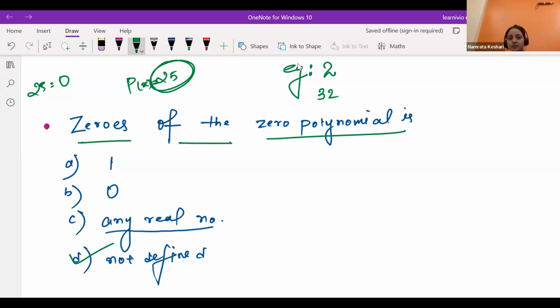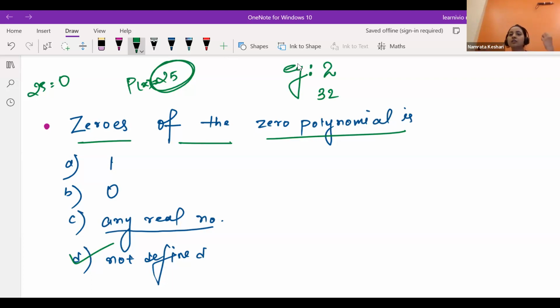Everyone getting it? Yes, ma'am. The process of finding zero is to take the polynomial, write it equals 0 and solve for the unknown.